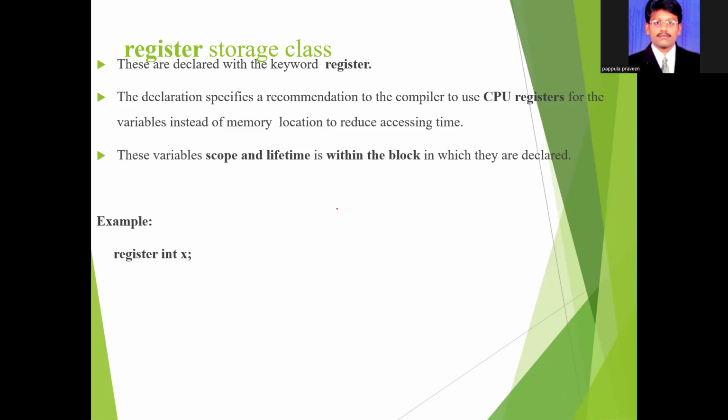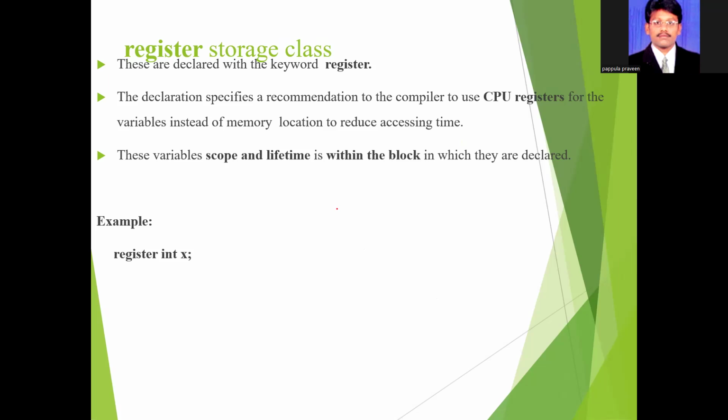And next, register variables. These variables are declared with the keyword register. Normally any variable resides in memory. But when you declare it with the register keyword, that variable is stored in the CPU registers. The declaration is a recommendation to the compiler to use CPU registers for the variable instead of a memory location, to reduce the access time.